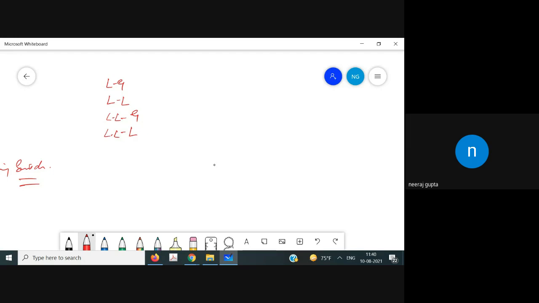The possibility of LG fault is 85%, which means that 85% of the faults are LG faults. Then LL faults are 8%, LLG faults 5%, and 2% for the remaining. So these are the possibilities.